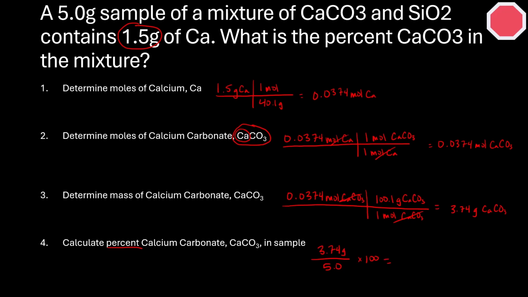And when we do all of that, we should get 74.8%. Again, double check your sig figs. It looks like we're given 2 sig figs in the problem, so I'm going to round that up to 75% calcium carbonate. Final answer.